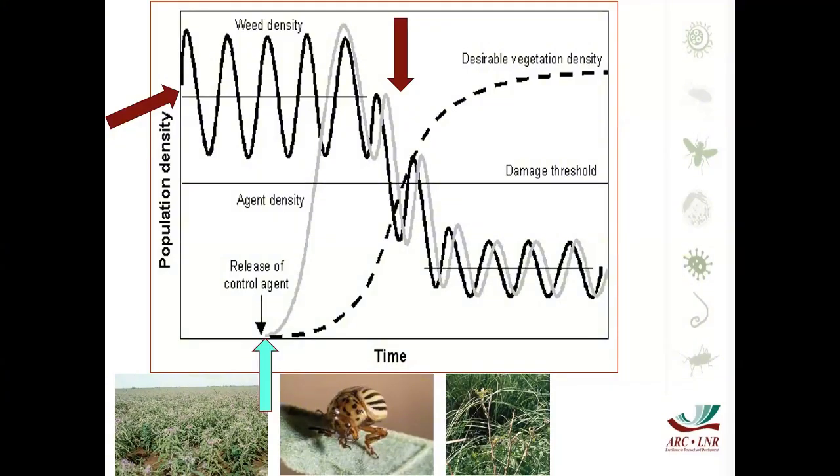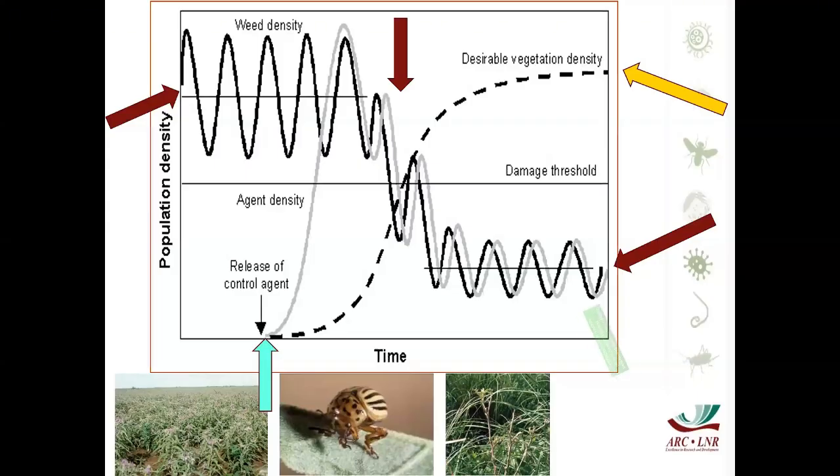And that target weed and the biological control population start to drop. They do fluctuate up and down, and ultimately over a period of years or even decades, they may reach a much lower level. And that is the target for biological control, as well as to increase the native vegetation that is desirable.